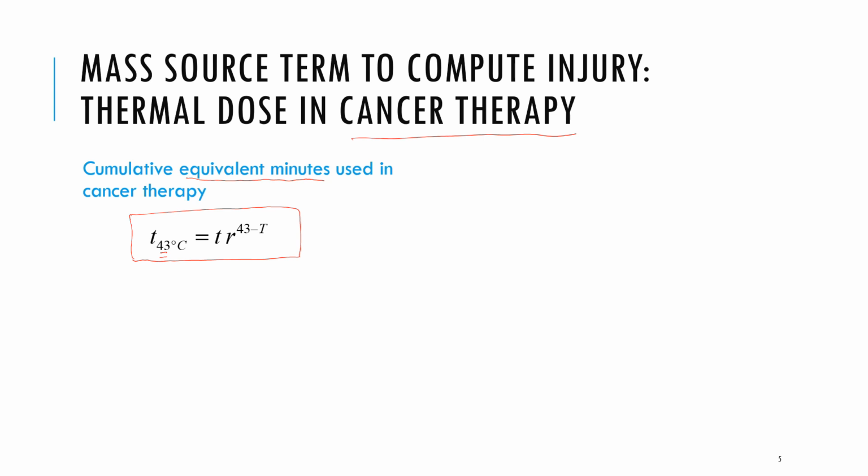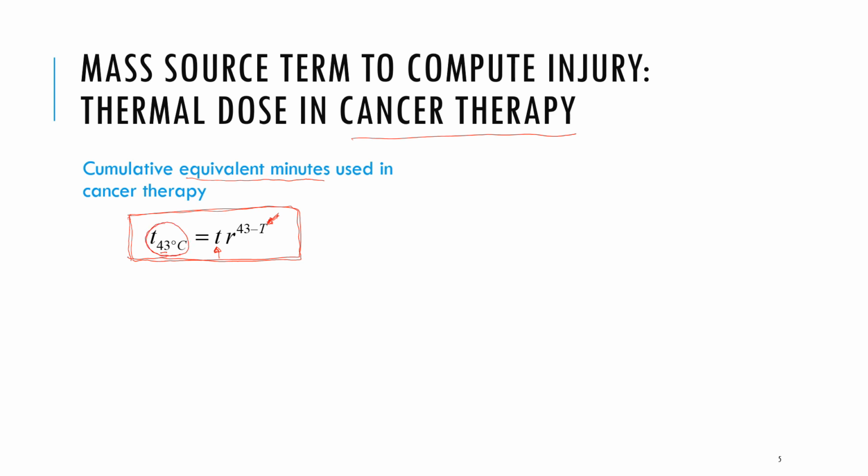What this equation says is that if you heated a tissue at temperature T for t minutes, the amount of thermal destruction, the thermal injury of the tissue because of heating for t minutes at temperature T, is equivalent to heating for T43 minutes.